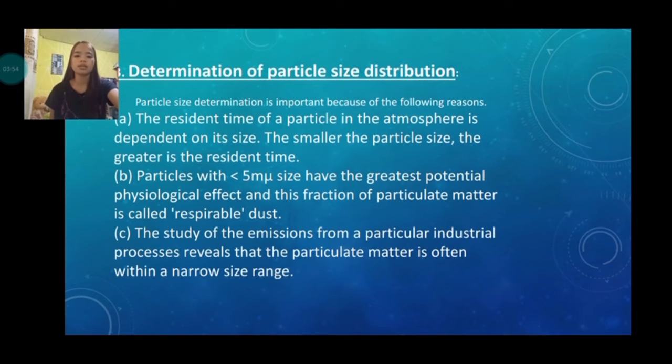Last, the study of emissions from particular industrial processes reveals that the particulate matter is often within a narrow size range. So when the pollutants from a certain industrial process are examined, it is discovered that the particulate matter is frequently within a small size range or limit.